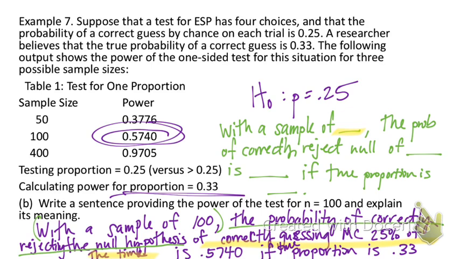Sample size, so whatever your n is. You're inserting context of the null, of the H0. You're inserting power.